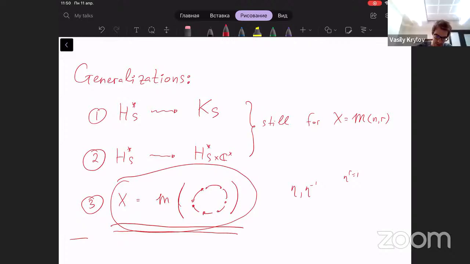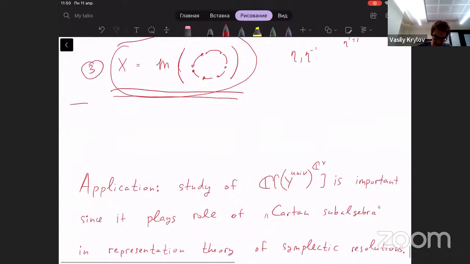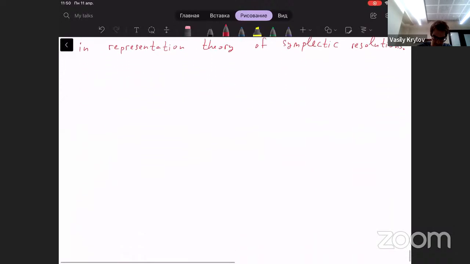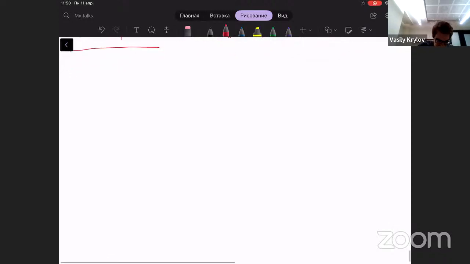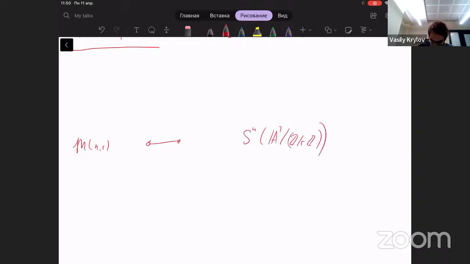Okay, great. So let me draw it. Maybe the most explicit way to do this is, so I discussed this, M_{n,r}, that this is dual to this S^n of A_2 mod Z_r^2.